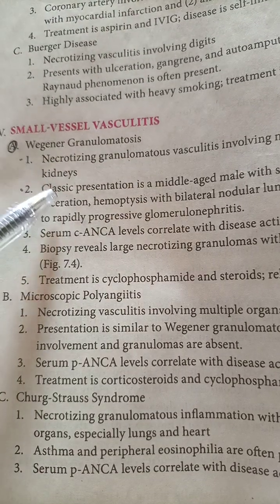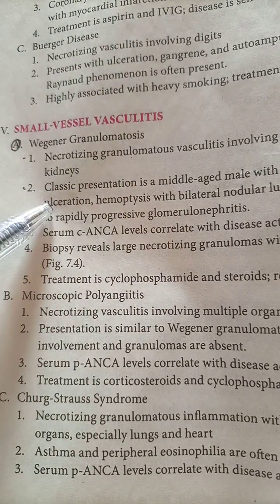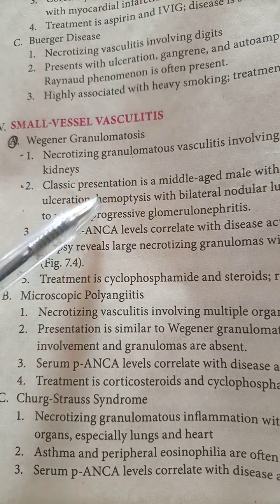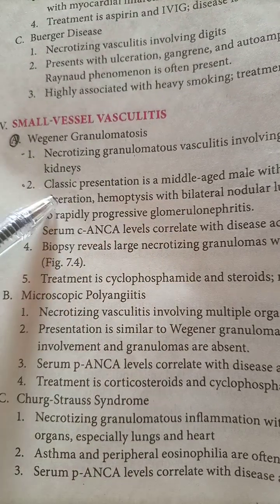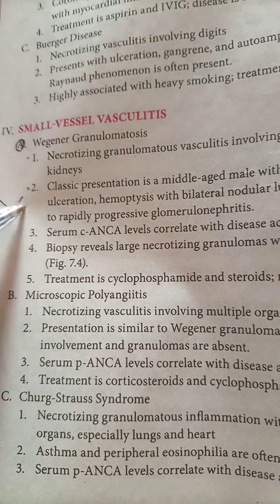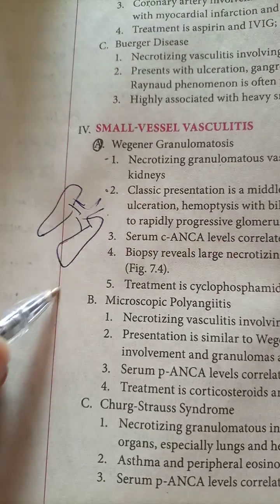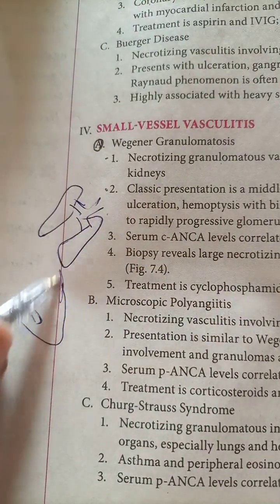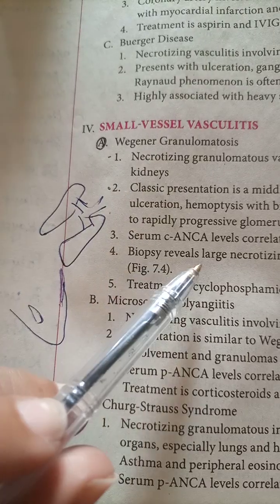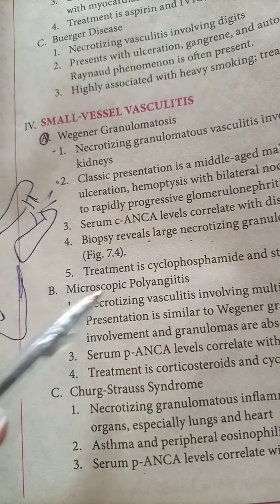Classic presentation is in a middle-aged patient with sinusitis and nasopharyngeal ulceration with hemoptysis, and bilateral nodular infiltrates. The patient will have involvement of the lungs and sinuses, and biopsy reveals large necrotizing granuloma with adjacent necrotizing vasculitis.